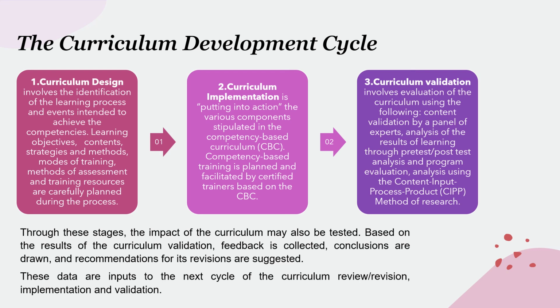Okay, so that we can see whether there are some factors or there are some concerns about the curriculum which can be improved so that we can have a more effective training in the next days or sessions.